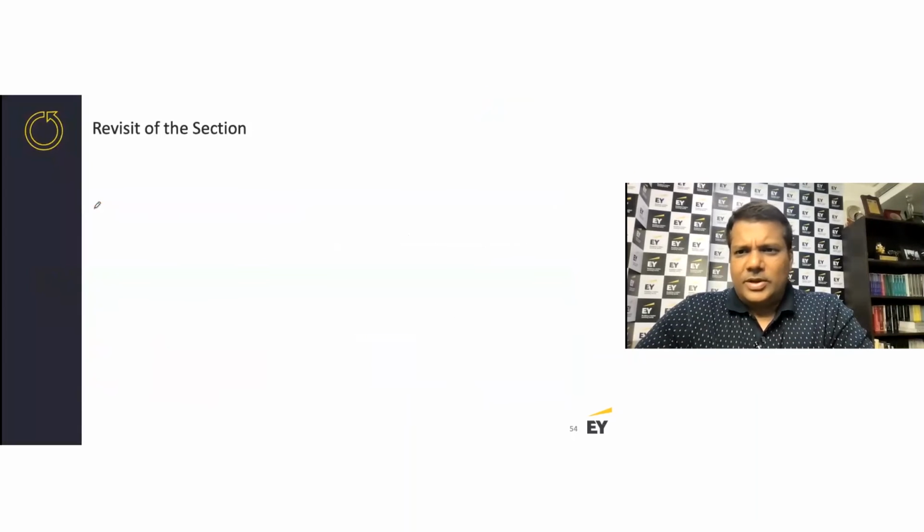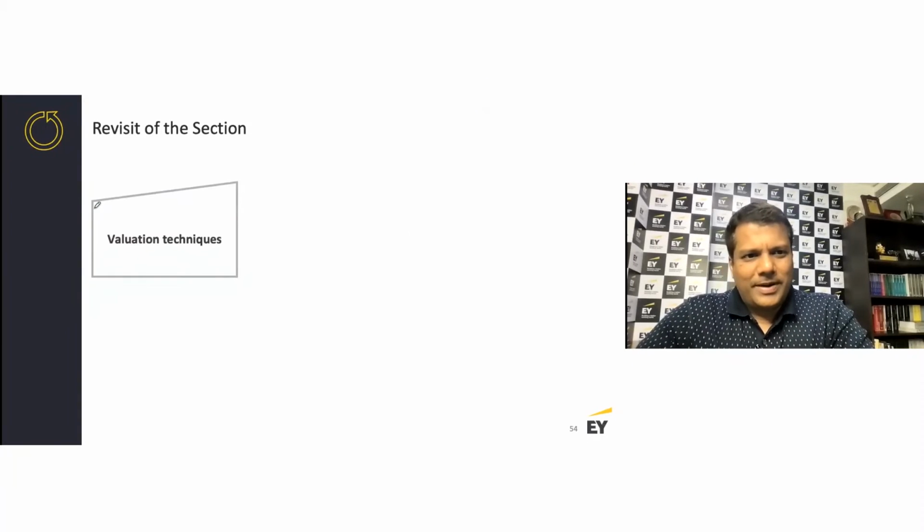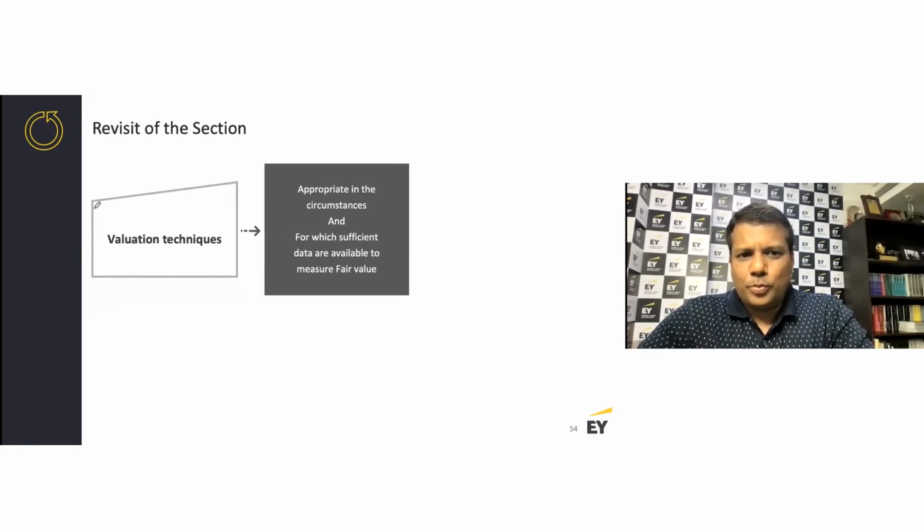All right, let's recap what we talked about. We talked about the valuation techniques, which are appropriate in the circumstances for which sufficient data are available to measure fair value. When you don't have a quoted price, then you have to apply valuation techniques. The valuation techniques are the market approach, the income approach, and the cost approach.